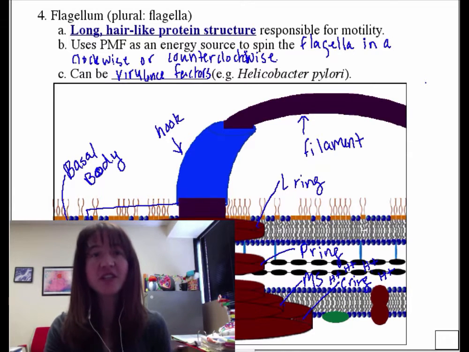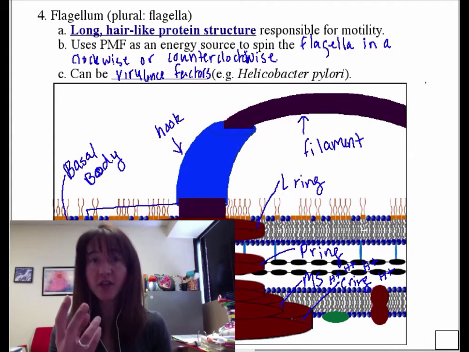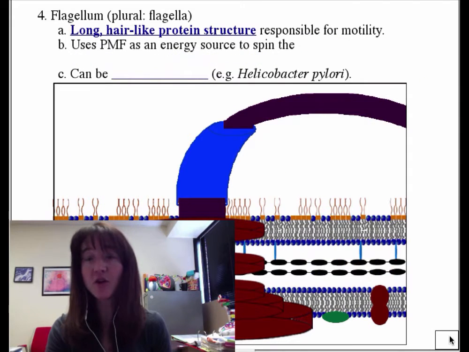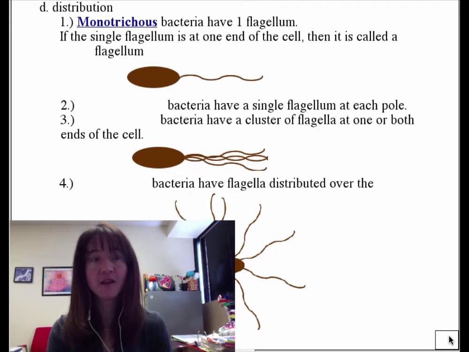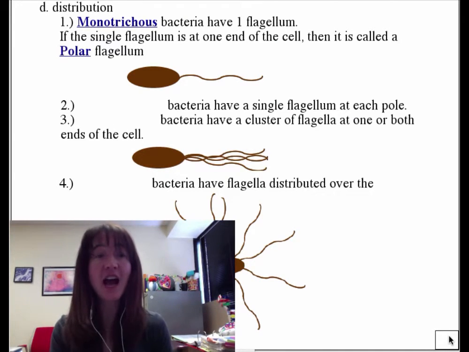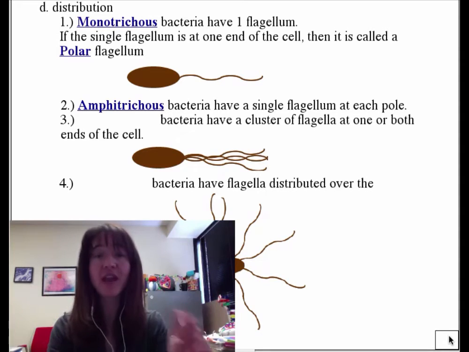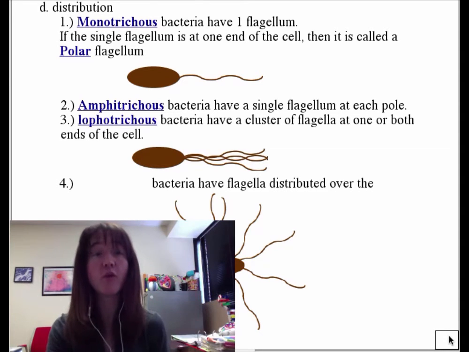That being said, we should say a little bit more about that distribution of flagella, ranging from those that have a single polar flagellum, being monotrichous, versus those that have one at each pole, being amphitrichous, or multiple flagella at one pole, being lophotrichous.